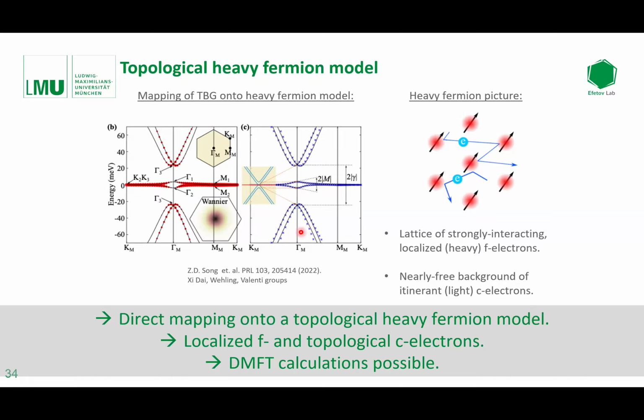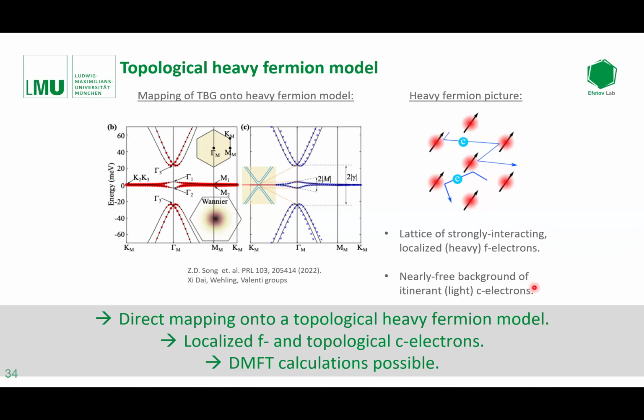The main ingredient in this model, or the main picture in which it works, is the coexistence of localized F electrons, which tend to sit on the lattice sites, and which are also the ones that tend to order and interact strongly with one another.